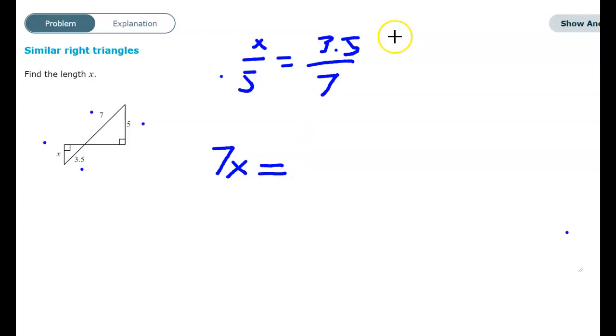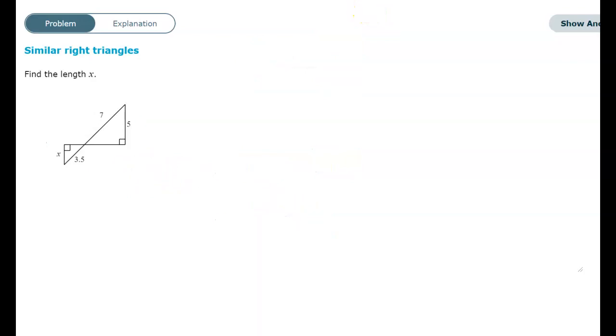And then I'll do 5 times 3.5, and that's going to give me 17.5. And we're just going to divide both sides by 7, and when we divide both sides by 7, x is equal to 2.5.